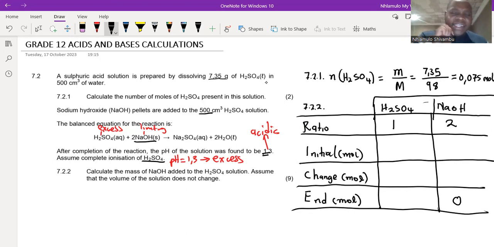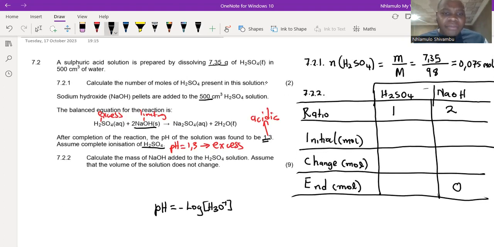Okay, and then let us check now. What is it that we can calculate from the pH given? When we're given the pH, we're going to get the concentration of hydronium, because we're going to use the pH formula. The pH equals minus log the concentration of hydronium, where pH is 1,3.